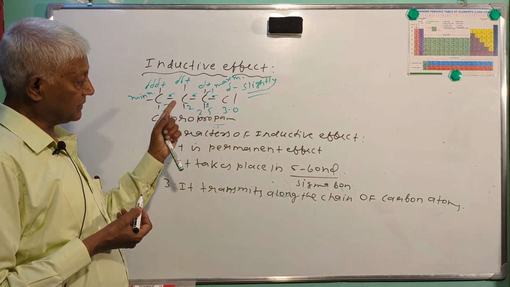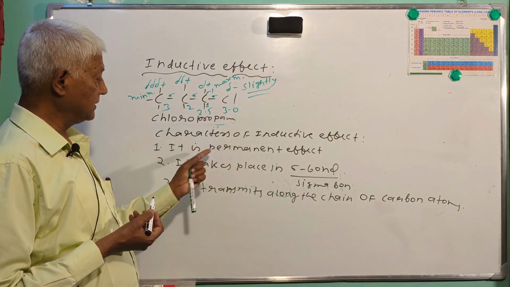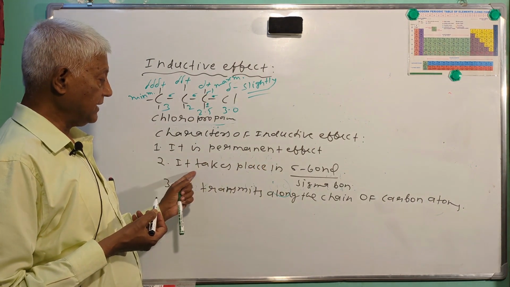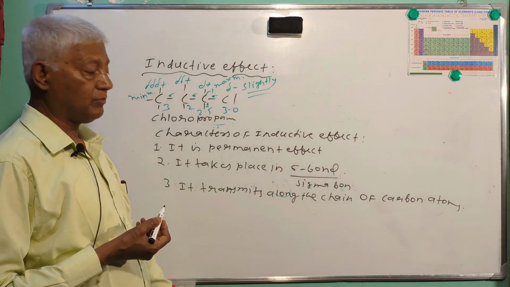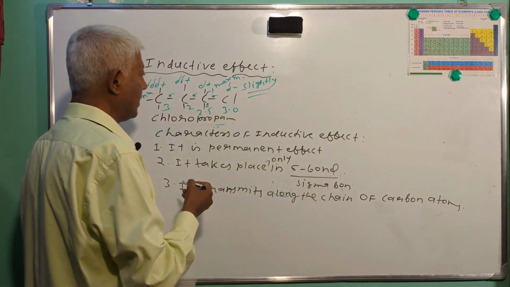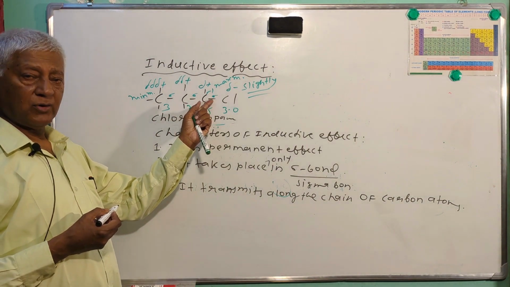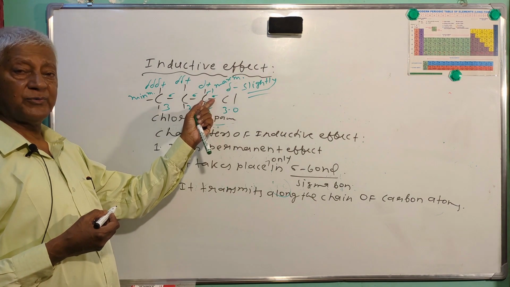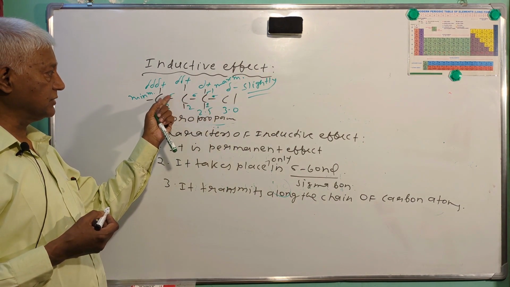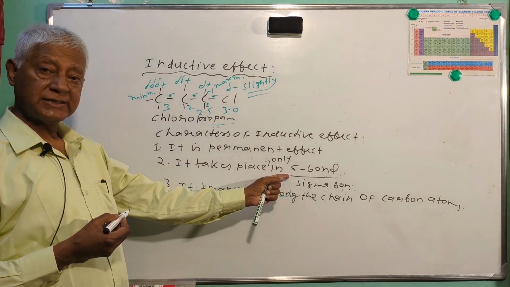So, it takes place up to the chlorine atom. It means it is a permanent effect. Second, it takes place only in sigma bond. I have already told you that a single covalent bond always has a sigma bond. So, these all are examples of sigma bond. So, it takes place only in sigma bond.